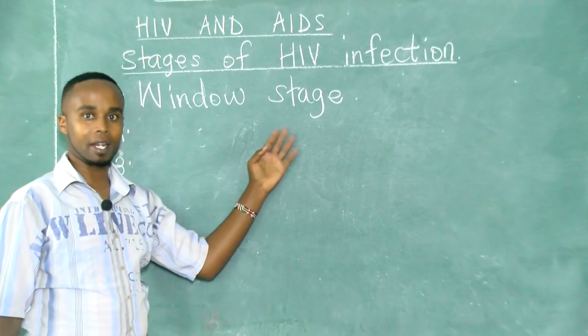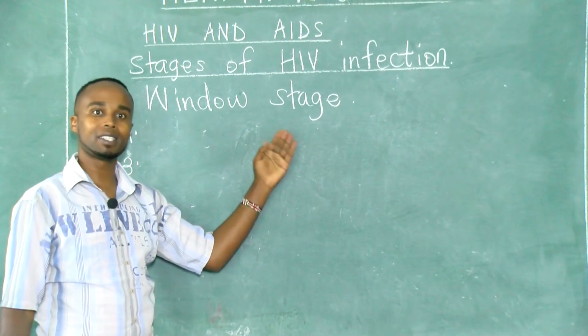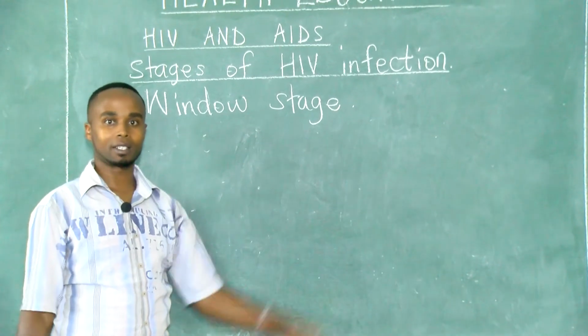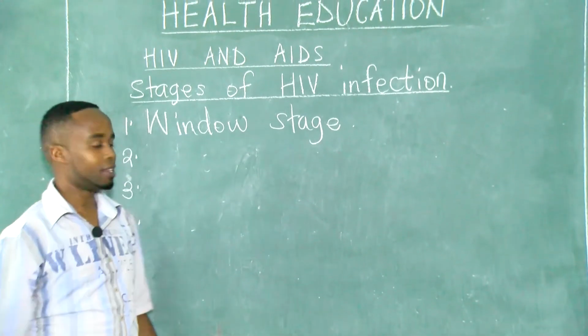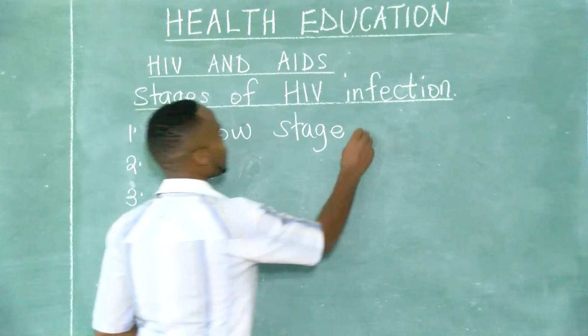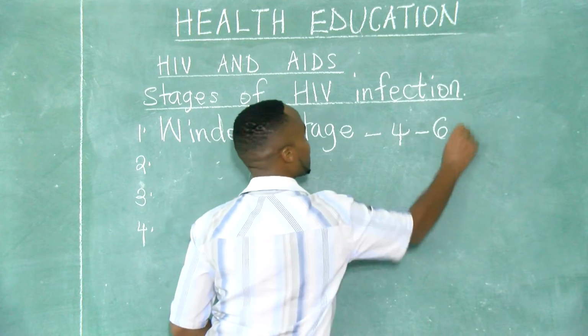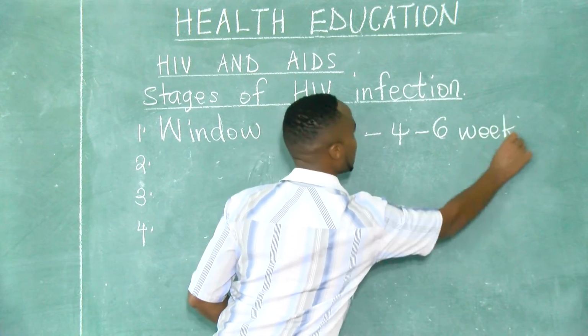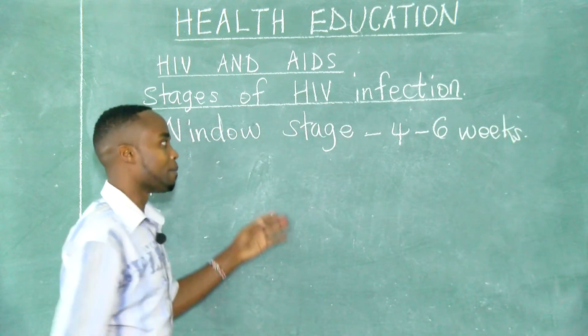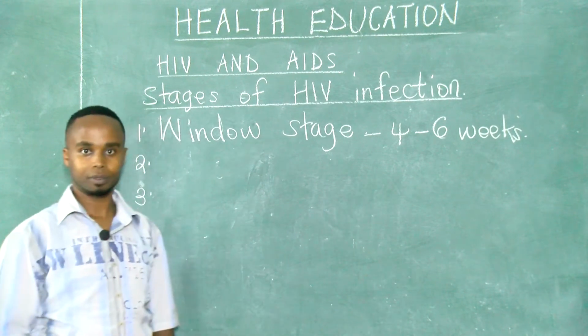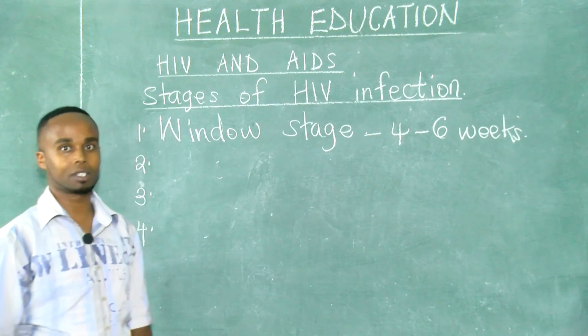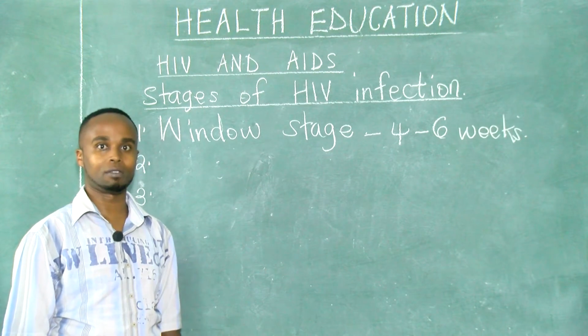This is the earliest stage, the immediate stage after contracting the virus. It lasts for about 4 to 6 weeks. So it is one of the shortest periods or stages of HIV infection.